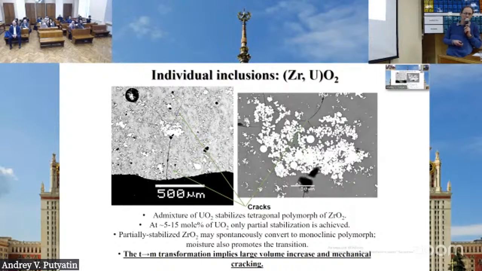At high temperatures, zirconium dioxide adopts tetragonal or even cubic phase, which can be stabilized by some impurities when you cool down. But what is important is that inclusions of this zirconium dioxide start to crack.